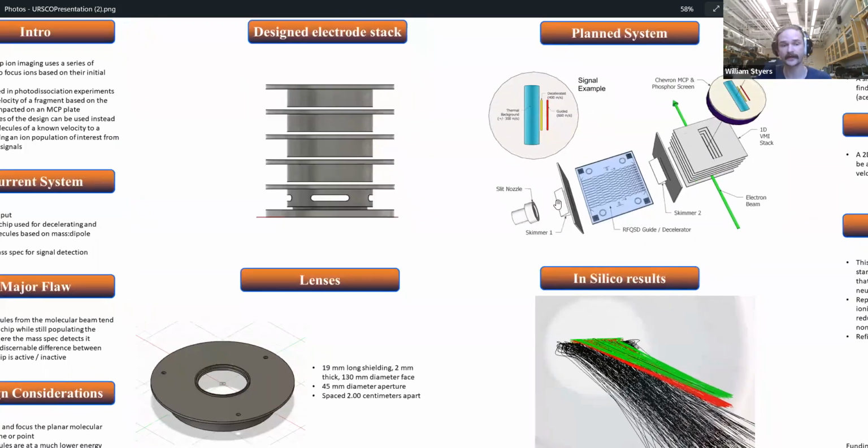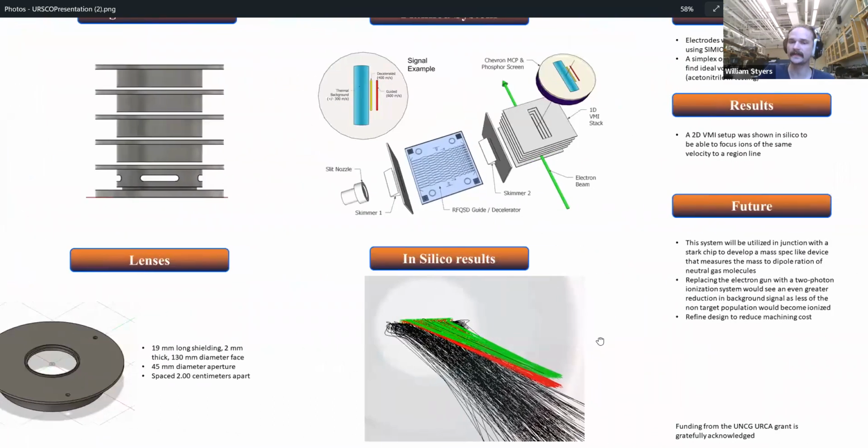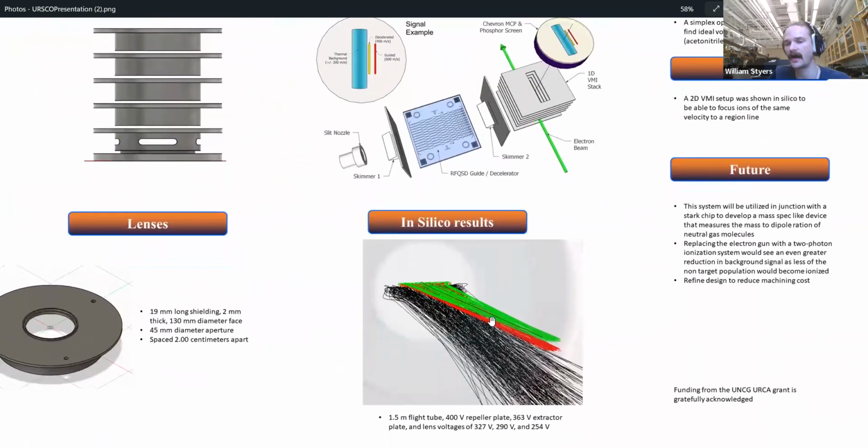And so we can see here the design of the stack. We have several lenses, what's referred to as an extractor plate and a repeller plate, most of them taking on some form of this design, looking very similar to this. And we can see simulation results of ions that we simulated going through this.